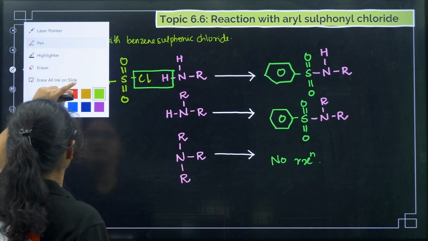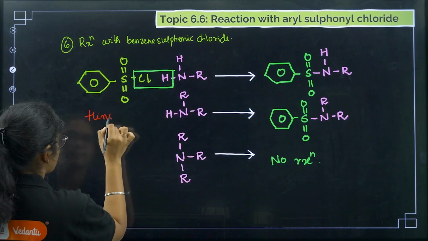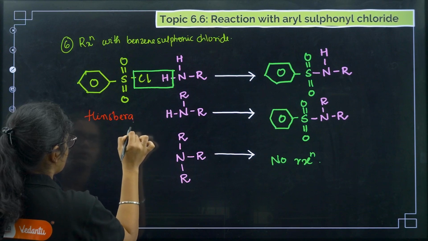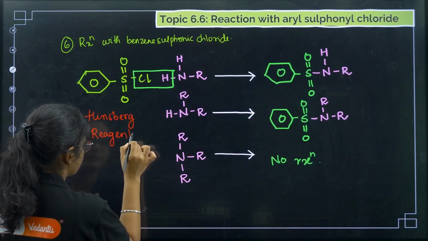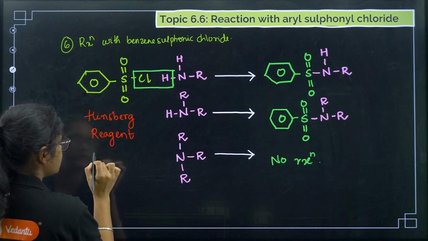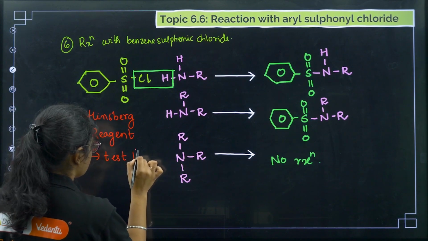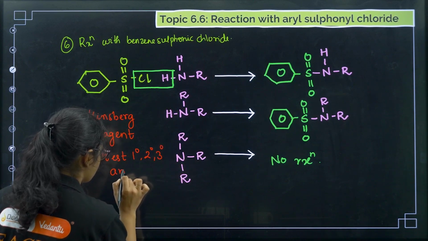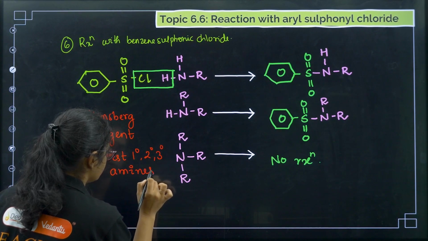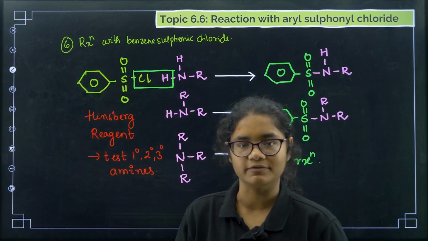You should remember that this reagent is also called Hinsberg reagent. Okay, and what is it used for? It is used to test primary, secondary and tertiary amines. Now how, we will discuss.